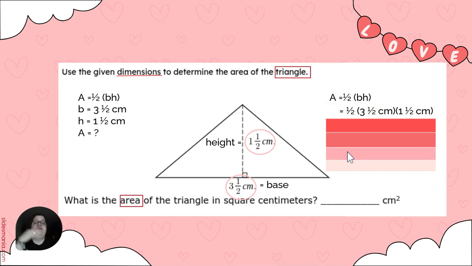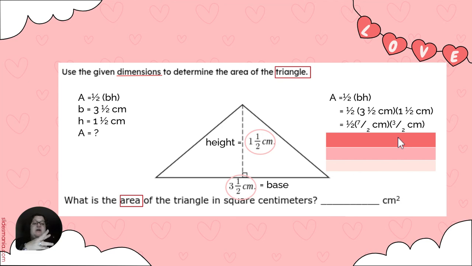So if I set everything up and I substitute in my dimensions, I should get 1/2 times 3.5 times 1.5. I'm going to go ahead and convert those mixed numbers into improper fractions, which will give me 1/2 times 7/2 times 3/2.